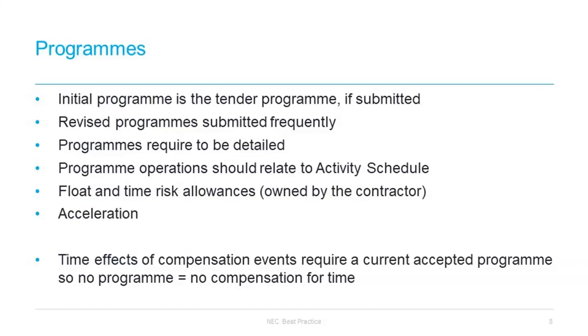By default, the previously accepted programme will continue to be the contract programme, but if there was no programme in the contract data and the employer does not accept the first programme, then there is an important contractual mechanism absent. There is nothing to stop work starting without a programme, but there are some knock-on implications.